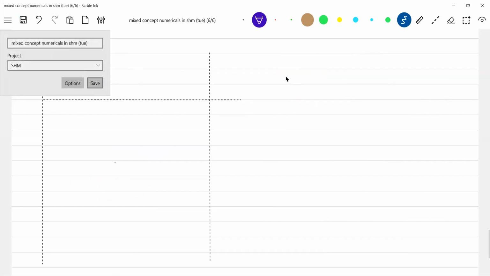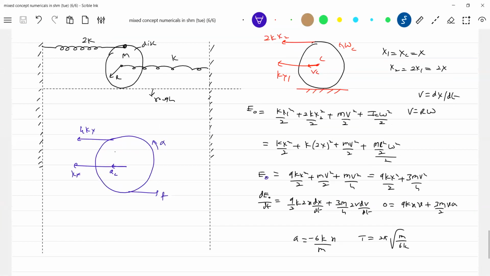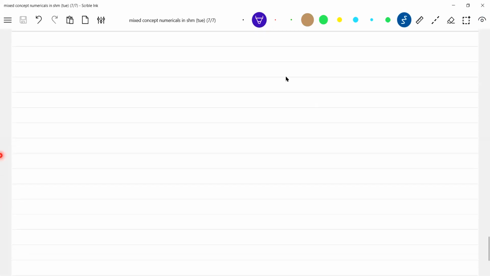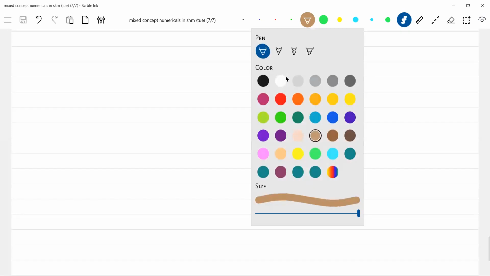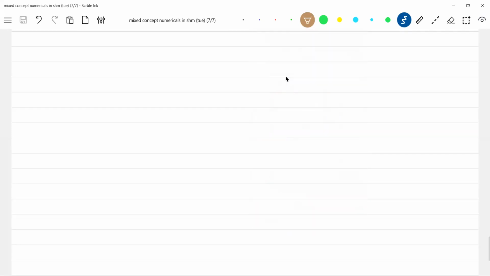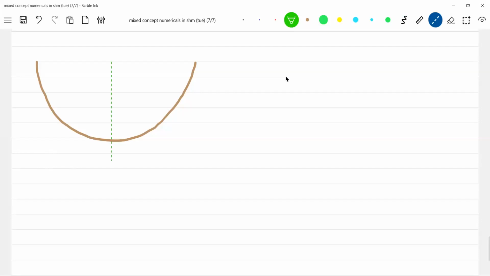Okay, I'll go for the next condition. Let the radius of this be smaller, mass m.